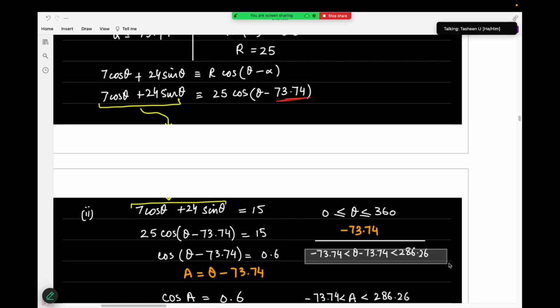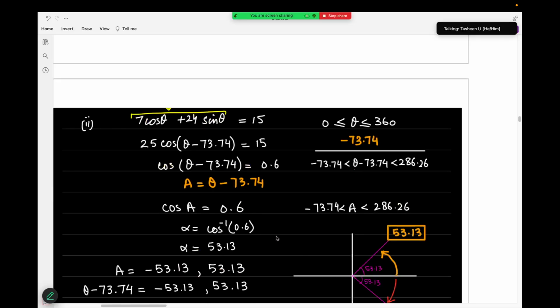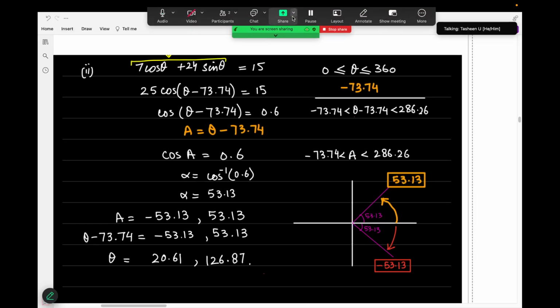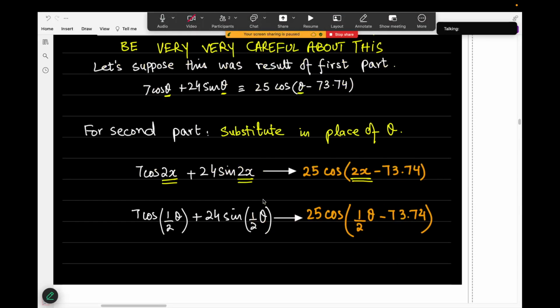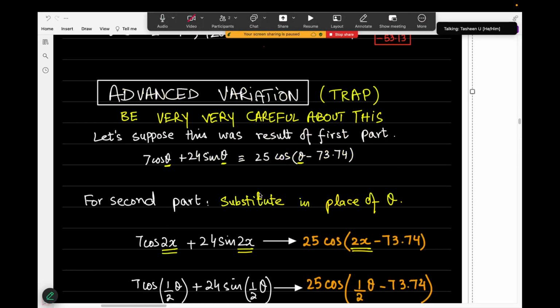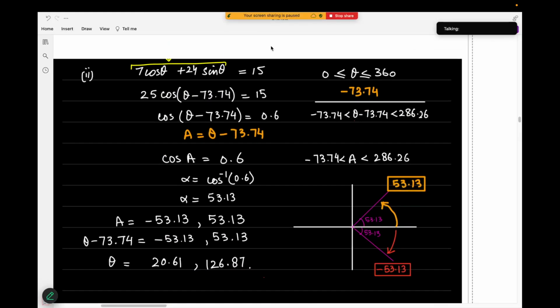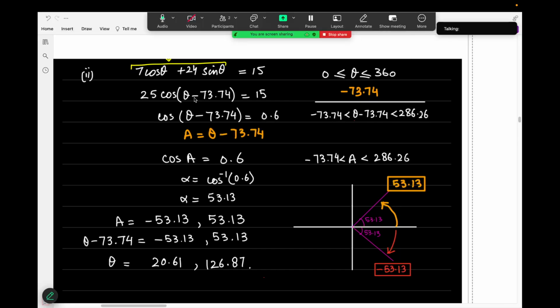No. Change the range, substitute to a, find inverse, that is alpha, find all the values of a, and finally change it back to theta, and this is the answer. Theta is 20.61 and 126.87.